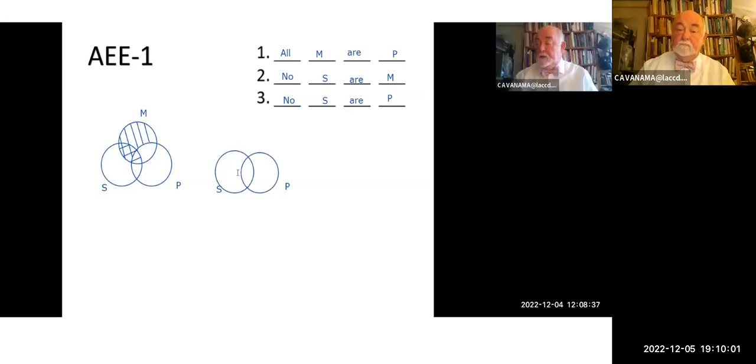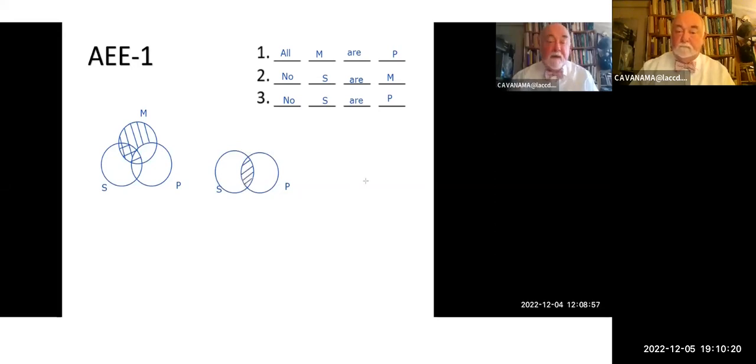We do so by shading, and we shade that lozenge between the two where S and P overlap, because if no S are P, then there's nothing which is both an S and a P. All the S's are not P's, and all the P's are not S's. Think about the transforms.